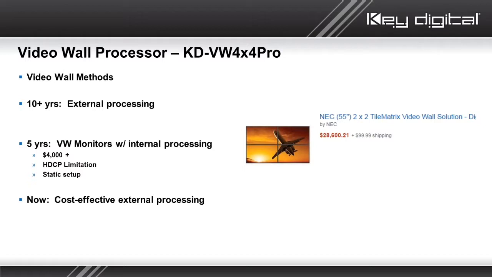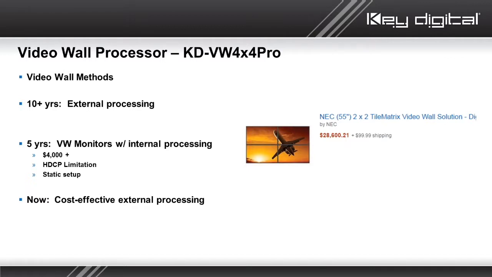variety of brands that come up, and especially over the past 5 years, this has been an extremely popular method of achieving a video wall, is to use monitors that A, have the video wall processing built inside, and B, have extremely thin bezels, and that number, of course, just like everything else in the technology world, they're getting thinner, they're getting smaller, right?